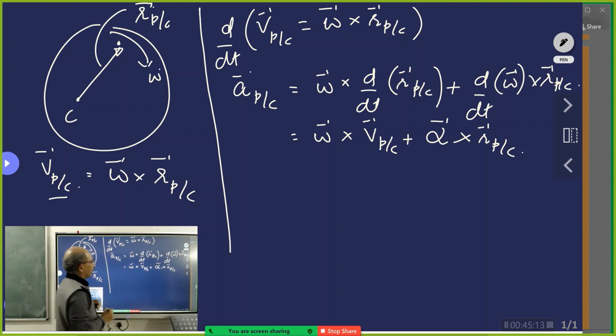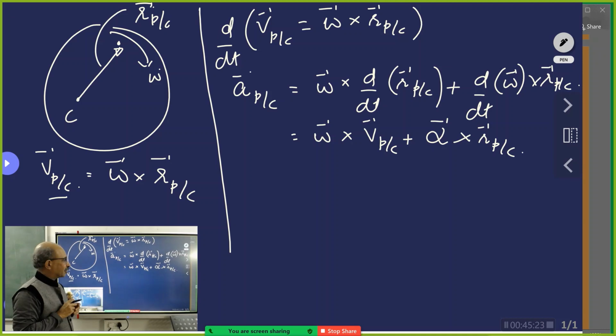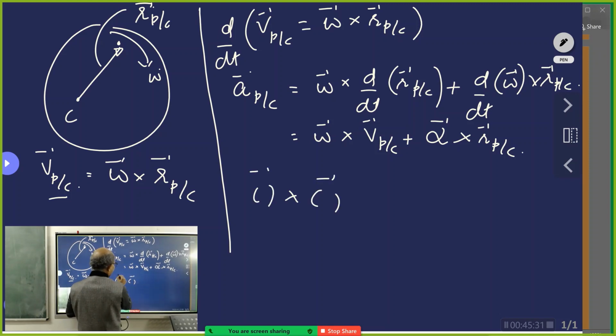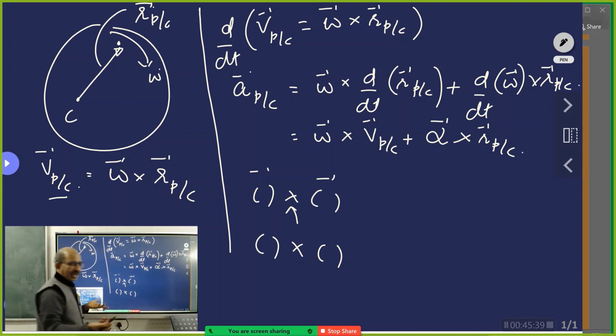Here P means the particle, not the whole body. This is the acceleration everywhere, and it is a cross product everywhere. If both sides of this symbol there are vectors, then it should be seen as a cross product. But if both sides there are scalars, then it is simply a scalar multiplication, not a scalar product.